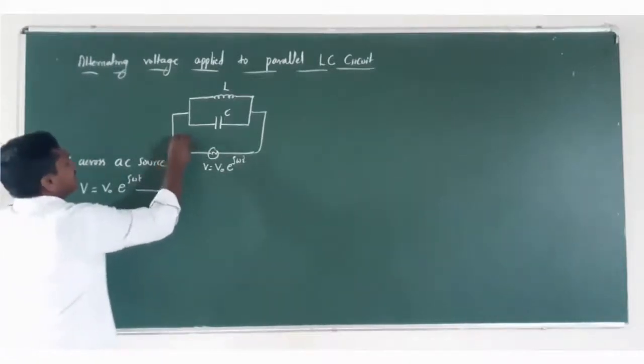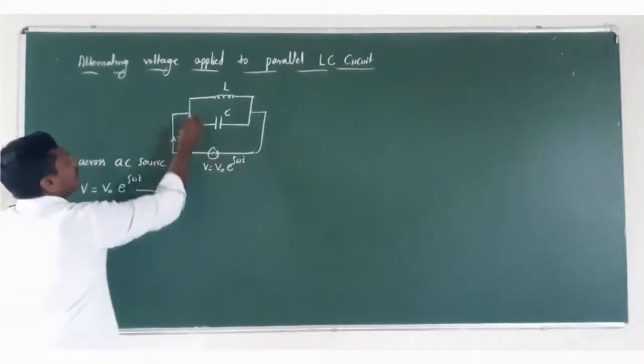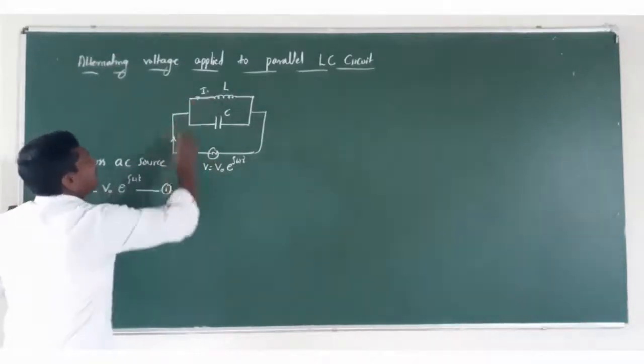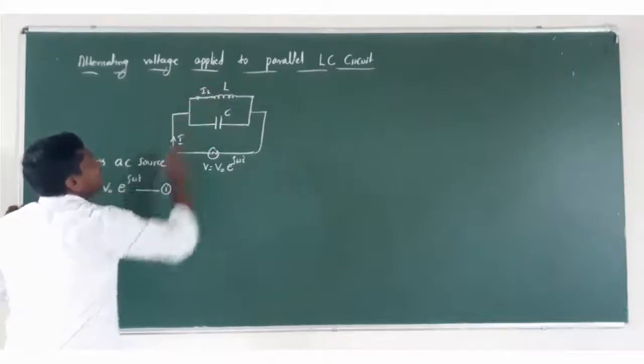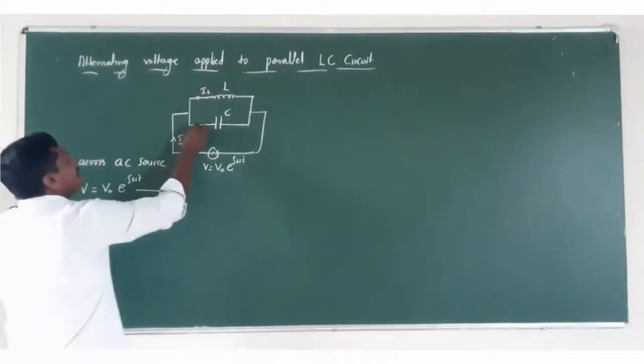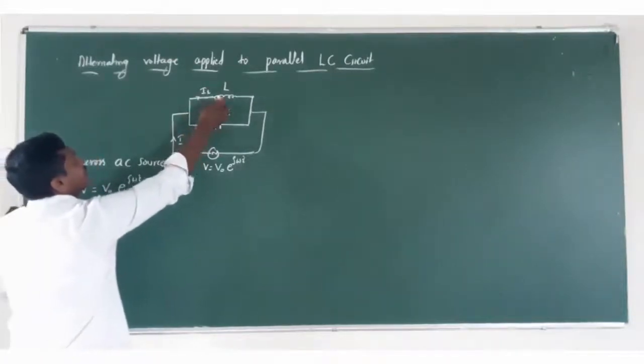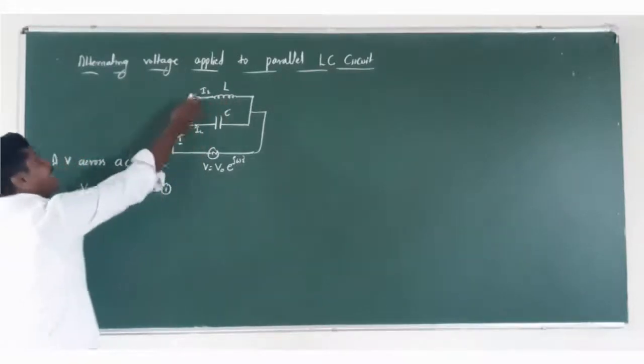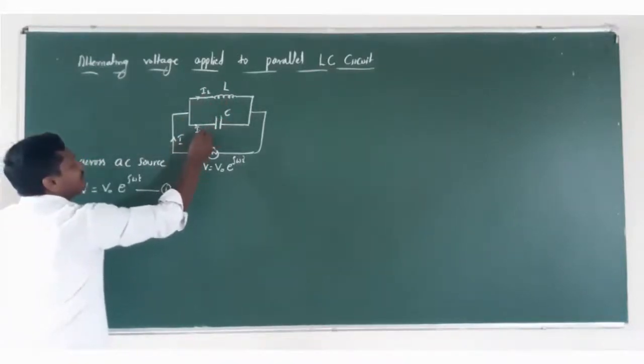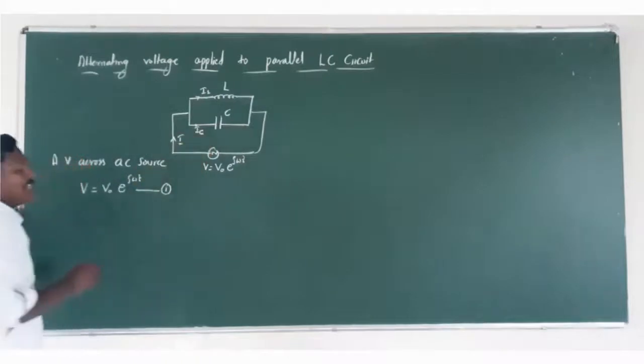Now, the current flows through the circuit, and here the current divides because we have connected L and C in parallel. Therefore, the current divides: the current through the inductor is represented by IL, and the current through the capacitor is represented by IC.